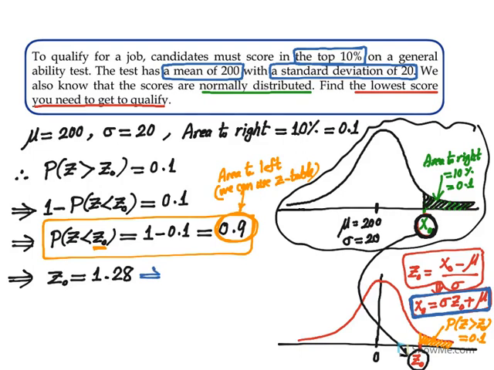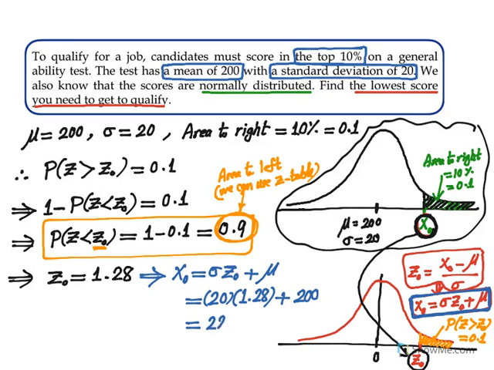So X0, my data value, is sigma times this Z-score plus the mean. Sigma was 20. 20 times the Z-score I just found, 1.28, plus the mean, 200. If you use your calculator, you'll get exactly 225.6.